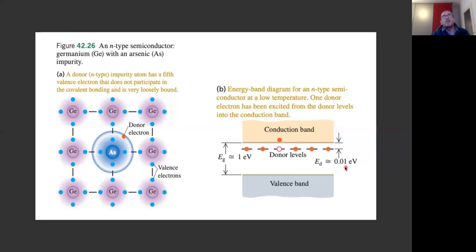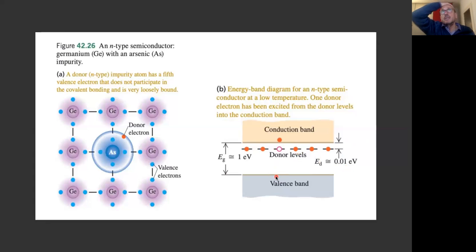Wow, twice that value, meaning essentially you can depopulate all these guys and transfer them. At zero temperature, these guys will be here and the conduction band will be empty. If I start raising the temperature to a few Kelvin, some of these guys have a higher probability of being up here. These guys will never make it at that temperature, meaning the population will be very low there.